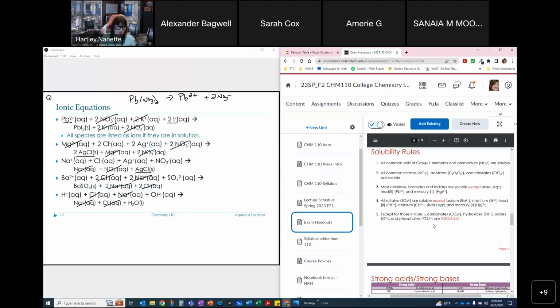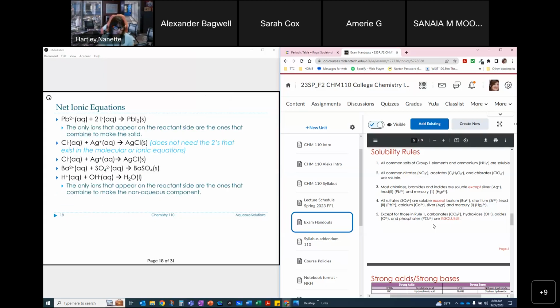And that's because of the balancing with other things, specifically this Mg2+. If we're talking about the net ionic equation, those 2's are not required. Since there are 2's in front of all of them, I can get rid of them. And that means that the net ionic equation for both of those reactions is exactly the same. And it should be, because I made AgCl in both cases. So they should be the same net ionic equation, right?